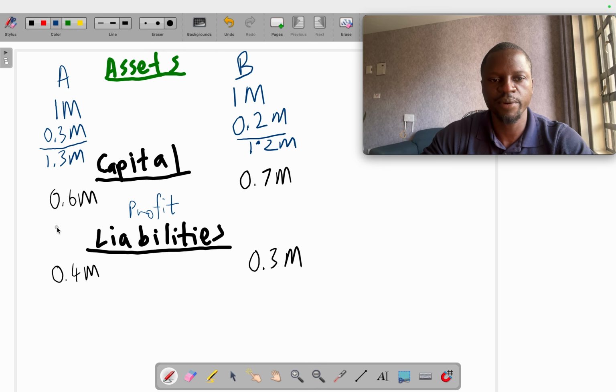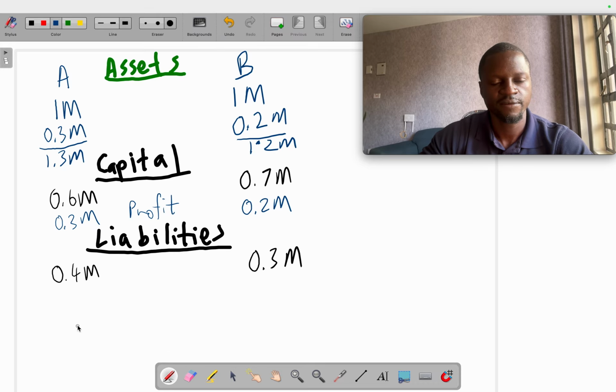So the quality of the decisions they made over operating the business is what created that extra value. And that is what we call profit. So here the profit is 0.3 million, while on this side the profit is 0.2 million. So that maintains the balance.